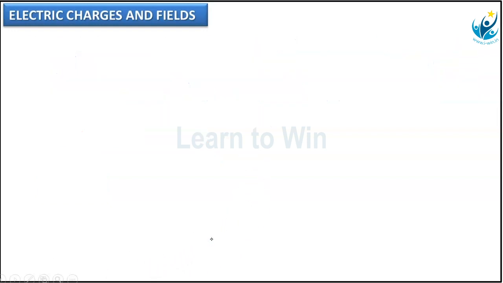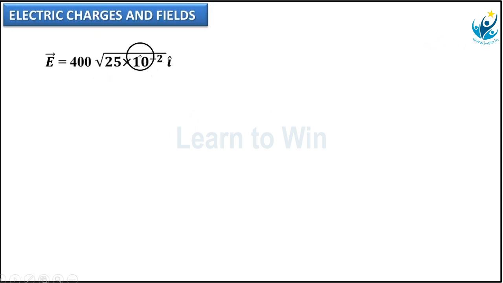Now, the electric field intensity is 400 root x. What is x? The side length of the cube, that is 25 centimeter. To convert 25 centimeter into meter, 10 power minus 2.